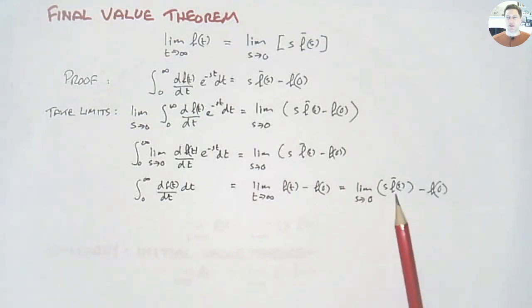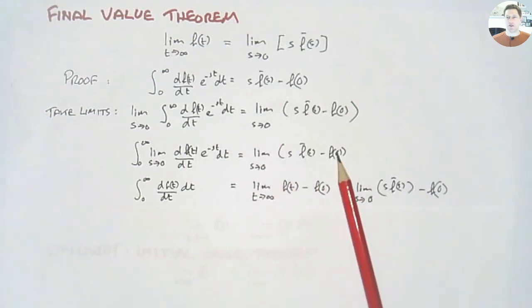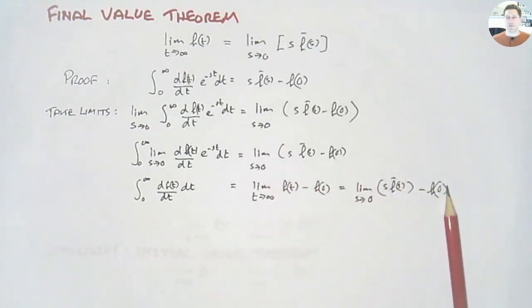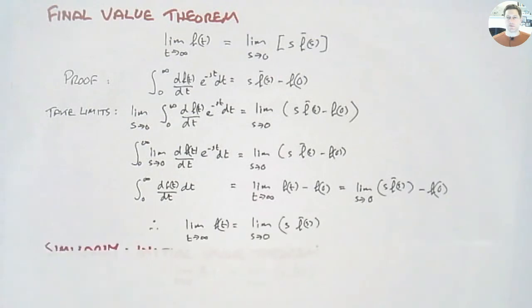The limit as s tends to 0 of the first part minus the limit as s tends to 0 of f(0), and that will be equal to f(0) since it's not a function of s. And so we've written out our theorem at the end.